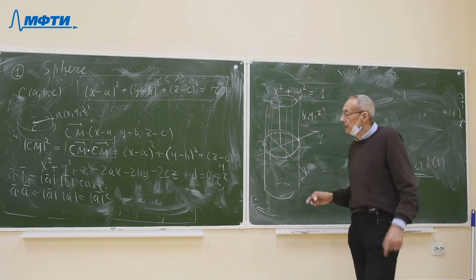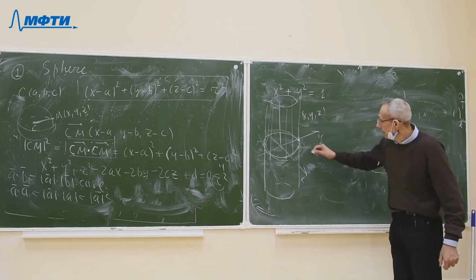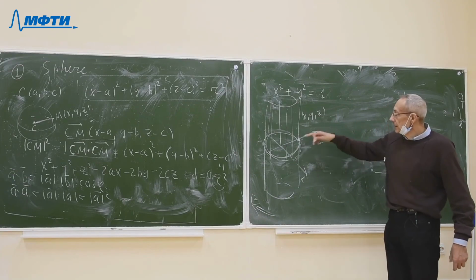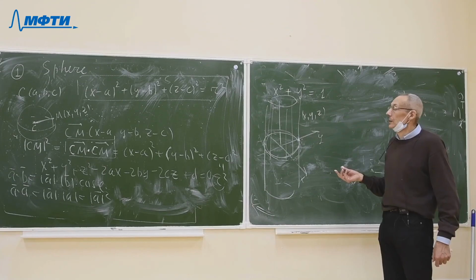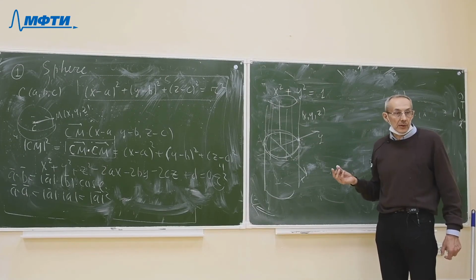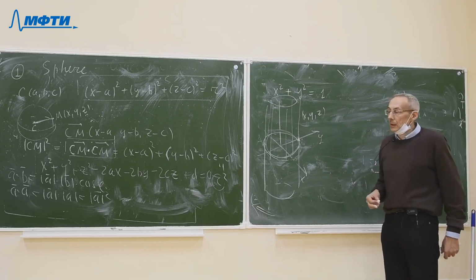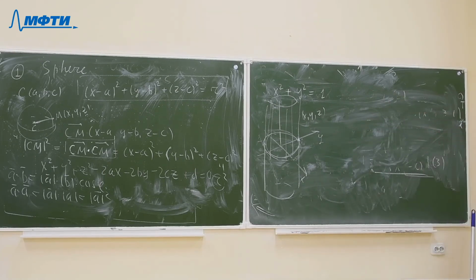Any cylinder is defined by the same equation as the equation of the conics, but we consider this equation in three-dimensional space. And we obtain a wide class of surfaces which are called cylinders.